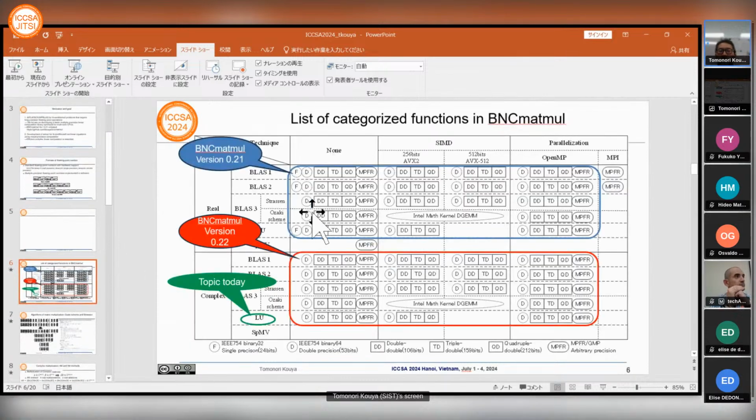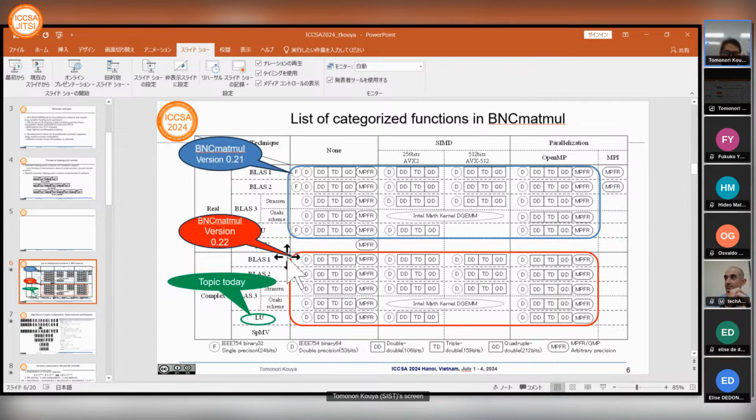That is a list of categorized functions in the BNCmatmul library. Now we have developed BNCmatmul version 0.21, which has implemented real matrix multiplication and its optimized version with SIMDization and parallelization.